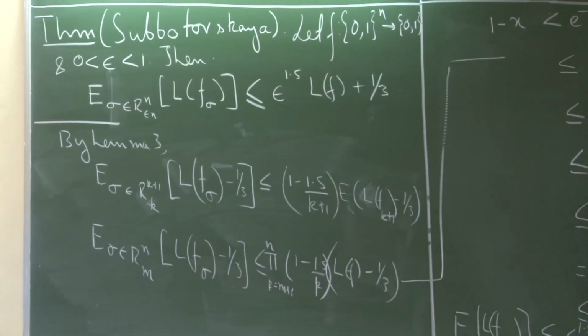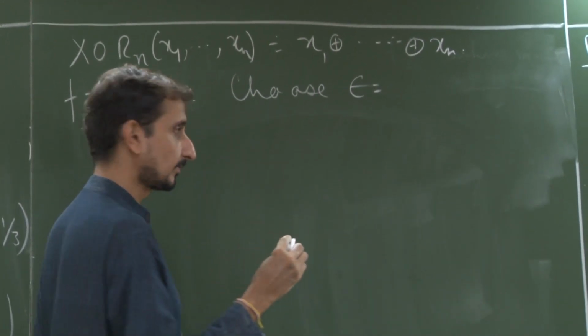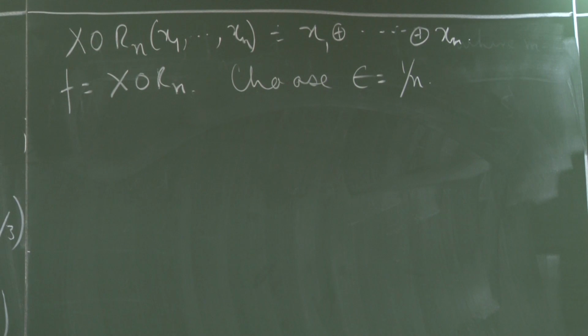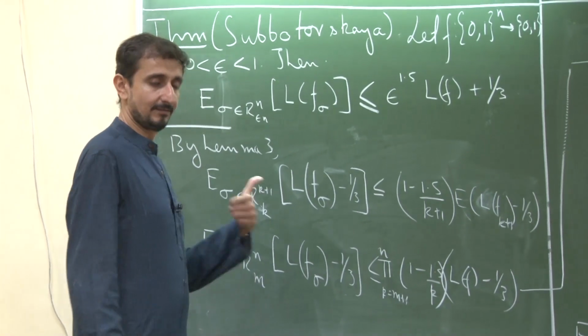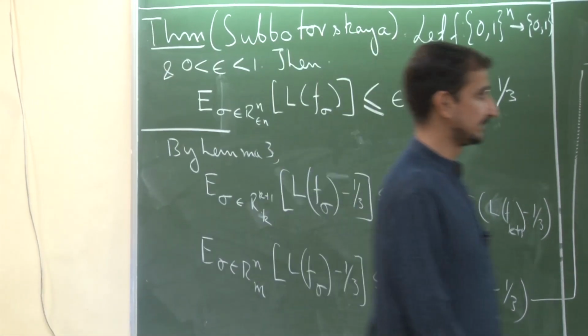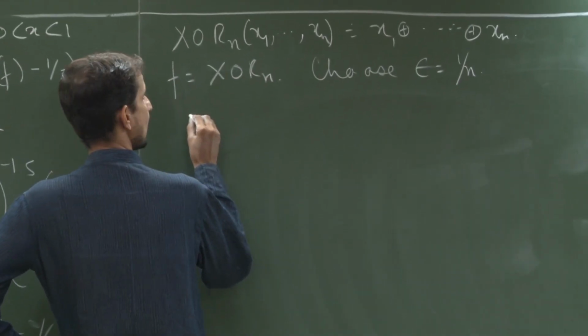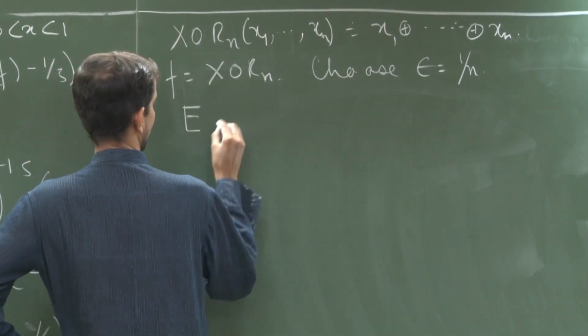So, I will choose epsilon to be what? One over n. If epsilon is chosen as 1 over n, then m becomes 1. So, only one variable is free. Then, what is this quantity?